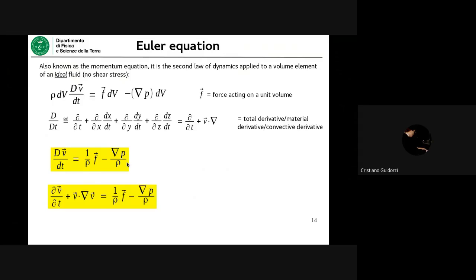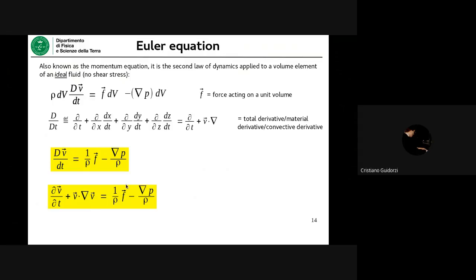So explicitly, the total derivative is just the partial derivative with respect to time plus this term, this one. But make sure you're not confused by this notation.